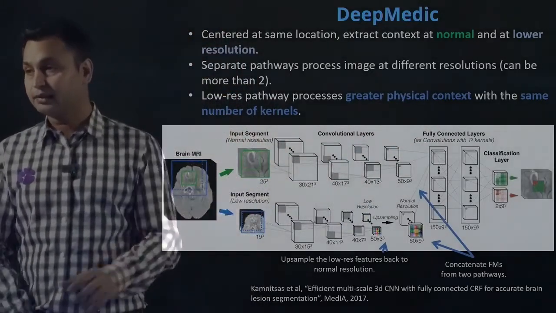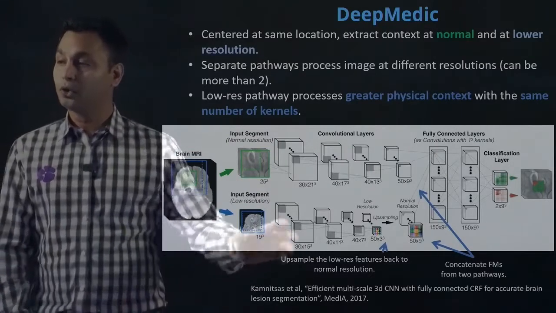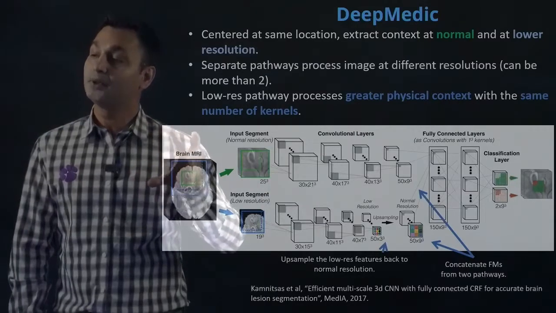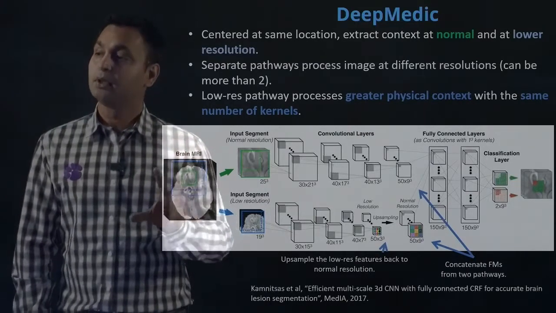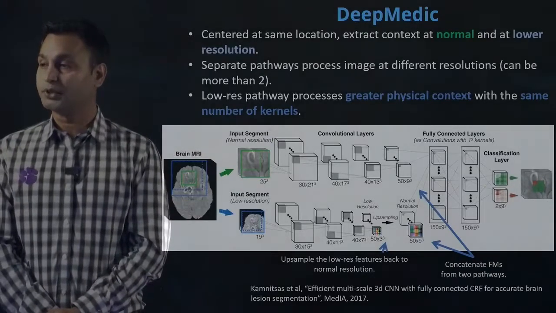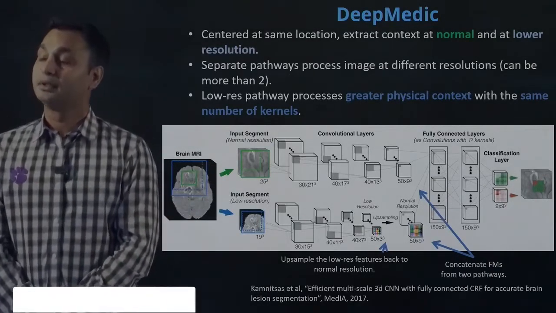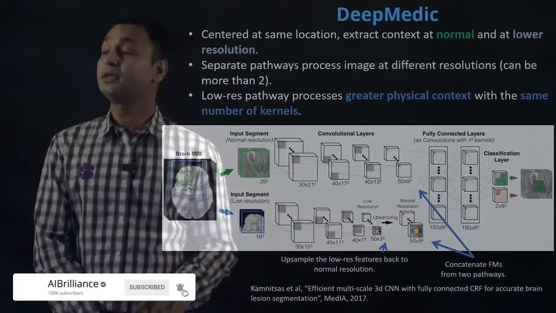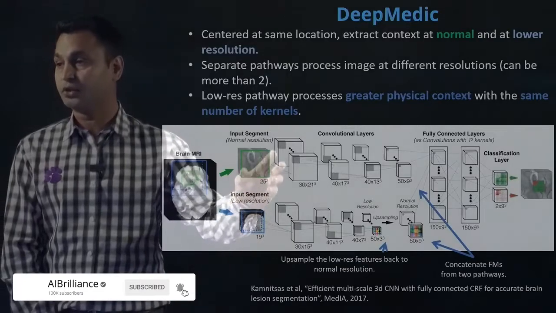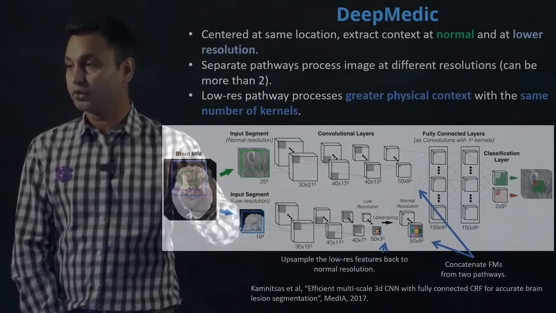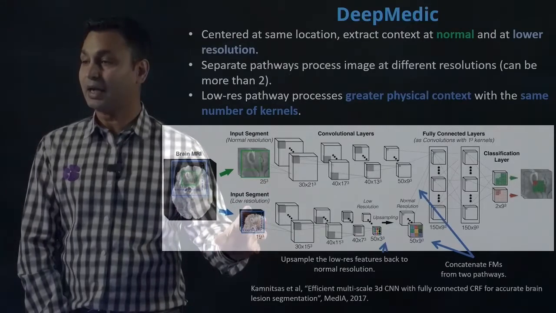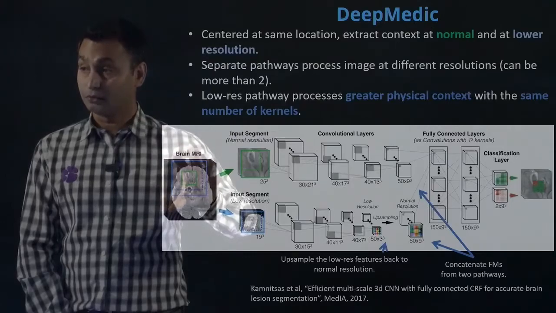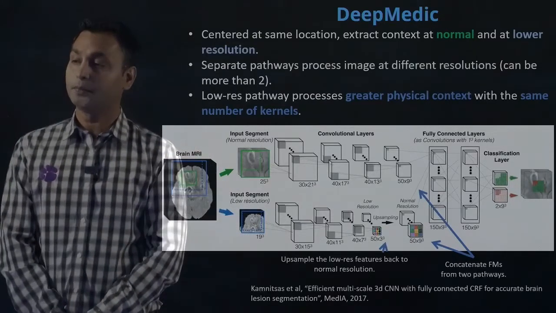But they also felt that sometimes if you use a low resolution image and capture more context, you will be able to capture more information that might be useful in processing the local information in the images. So they also created a second parallel CNN which took these low resolution images, right? So this was 25 times 3, so you can focus on this small region, but with a low resolution image which focuses on the blue cube that you see in this MRI image.